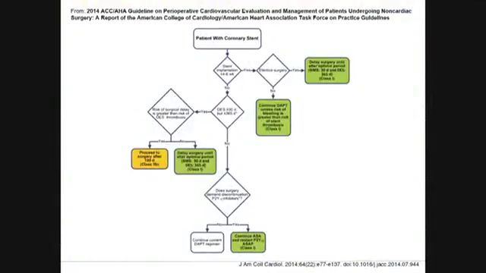In comparison, this is the algorithm that came out in 2014 at the same time, looking at dual antiplatelet therapy when patients who have a coronary stent come for surgery. And you can see most of the evidence is class 1 evidence, the green box. So you have 3 green boxes and just 1 yellow box. There are no red boxes.